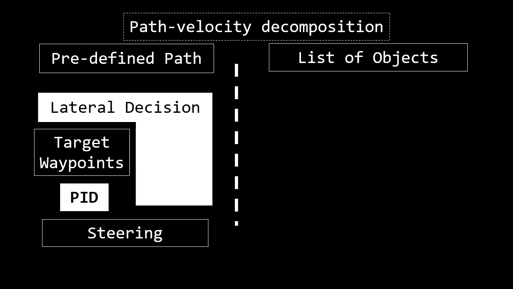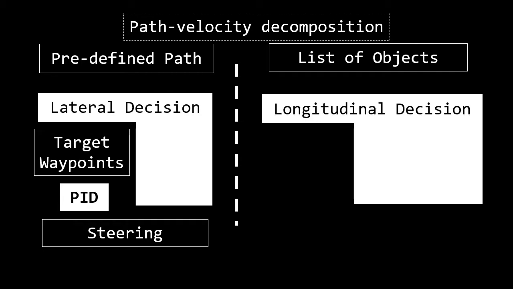On the other end, and this happens at the same time, you have a list of objects. These come from the perception module, and then you extract a vector from these objects. It's, let's say, called your state, and based on that, you make the longitudinal decision. That means you assume there is a valid path for you, and then you want to choose the longitudinal acceleration.